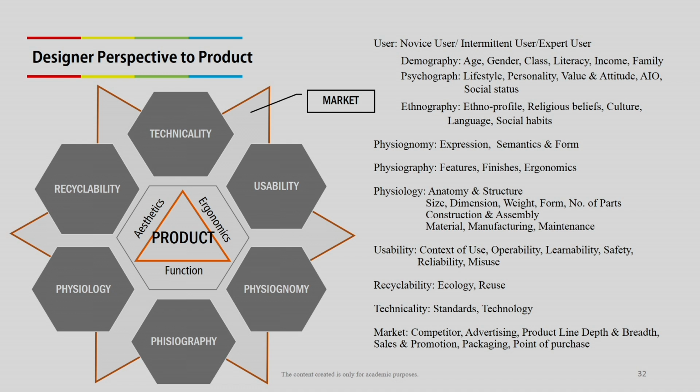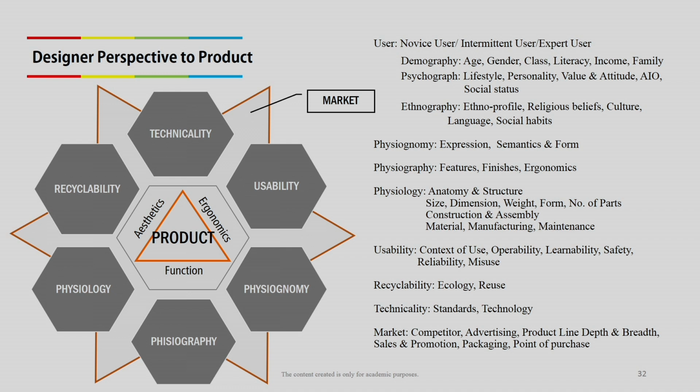Next is technicality. The designer should see different kinds of standards and the technology. Every country has different kinds of standards, like BIS standards, and for each product there are different standards. So, the designer should see all those standards.